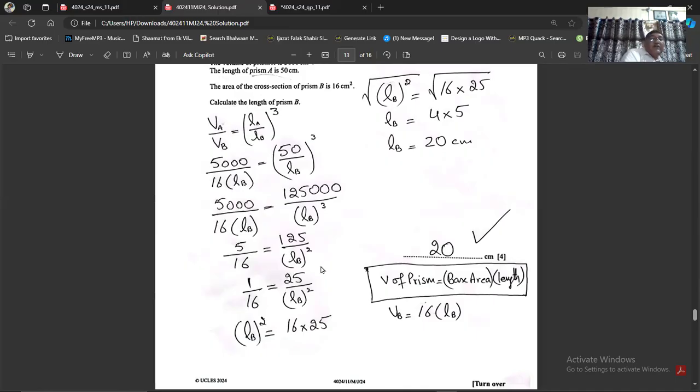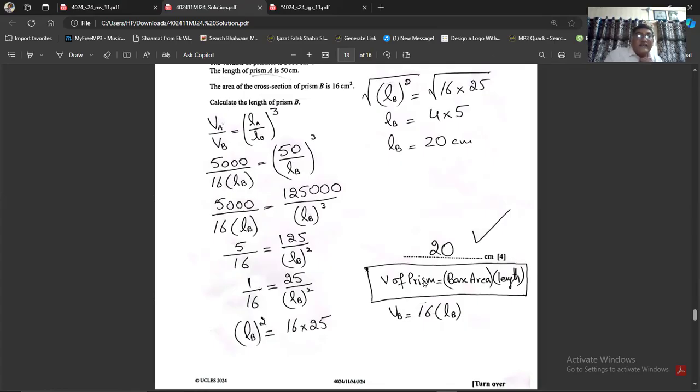Now 5 and 125 will be cancelled: here you will have 1, here you will have 25. Now you can cross multiply, so LB squared will be equal to 16 times 25. Take the square root on both sides: the square root of 16 is 4 and the square root of 25 is 5. So 4 multiplied by 5 is 20. So the length of B is 20.